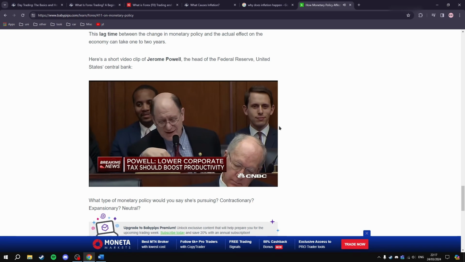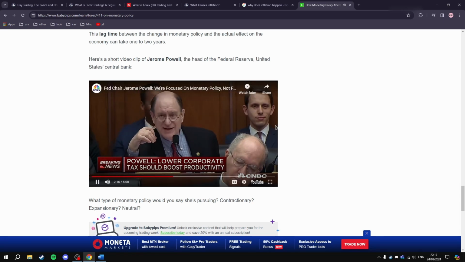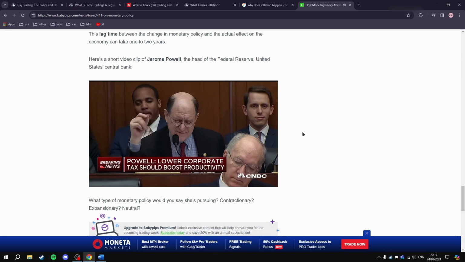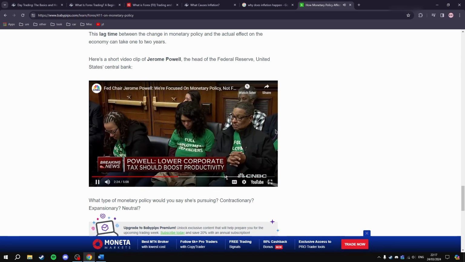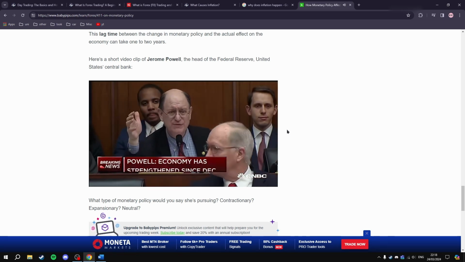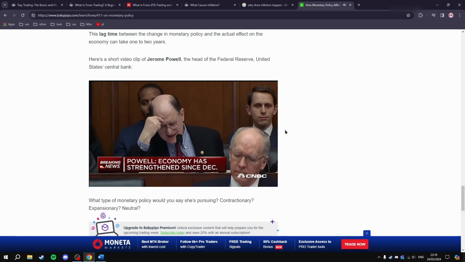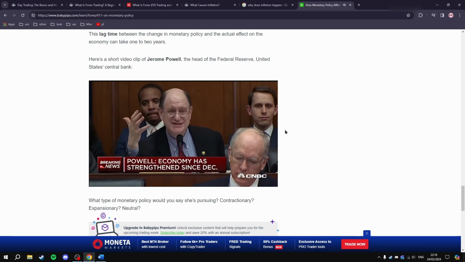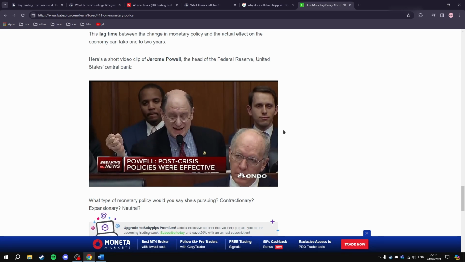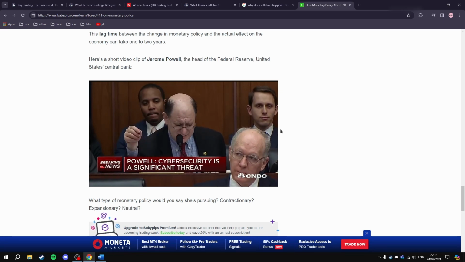Now, when we talk about some workers getting a $1,000 bonus, lower corporate tax should boost productivity. Yeah, few have. But a family of five's share of the increase in the national debt from the tax bill is $26,000. What greater proof do we need of the need for financial literacy in this country than that some charlatan can say, here's the deal, I'll give you $1,000, it's money in your pocket, and we'll just slap a $26,000 mortgage on your future.